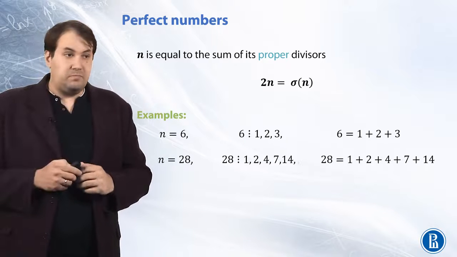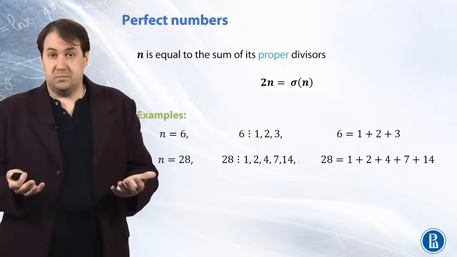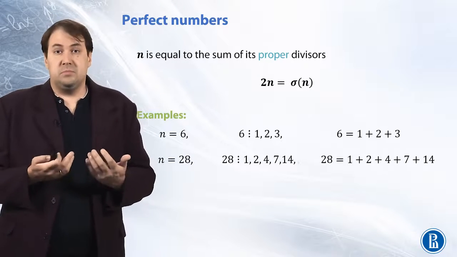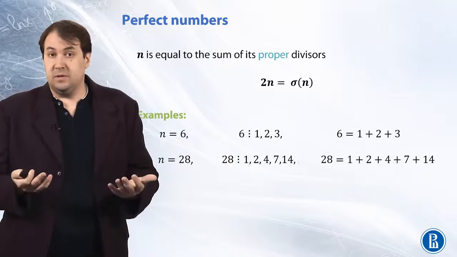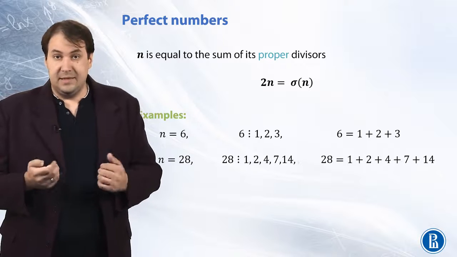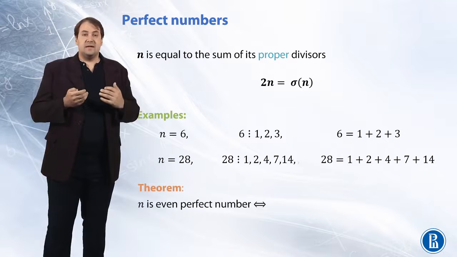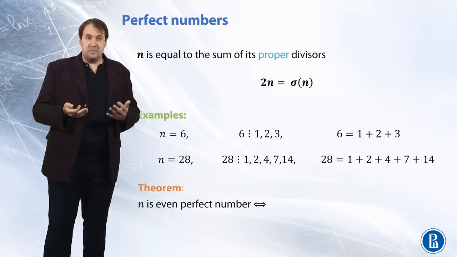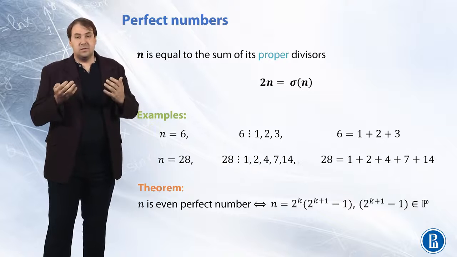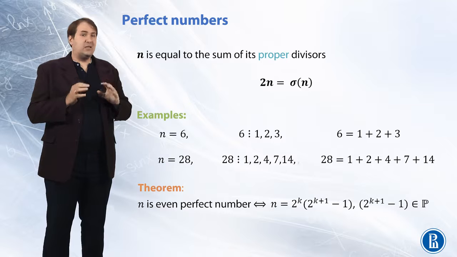So we need to ask ourselves, what is the general form of perfect numbers? Is there a formula which would give us perfect numbers in an infinite amount? Well, actually such a formula exists, and we have a theorem which states that n is an even perfect number if and only if n has the form you see here on the slide, which is rather complicated, but soon we will get used to it.